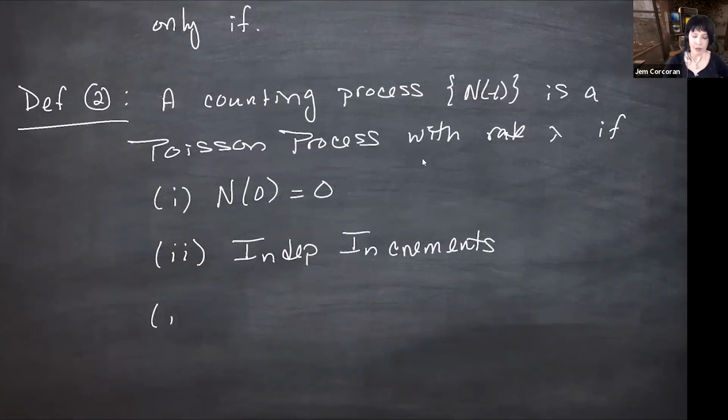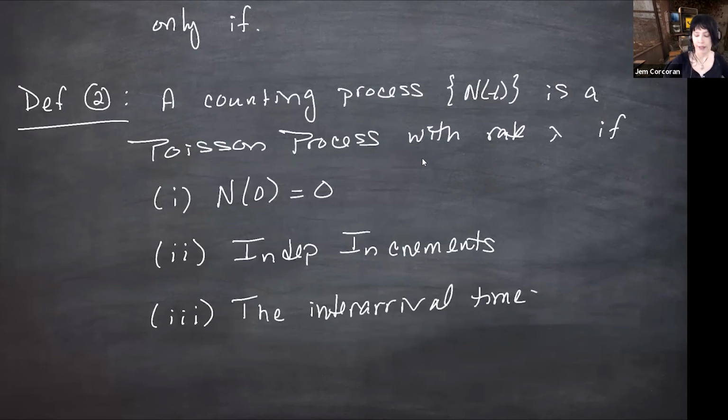And the third thing used to be that the number of arrivals between time S and S plus t is a Poisson random variable with parameter lambda times t. But now it is that we have IID exponential interarrival times with no mention of the Poisson distribution.